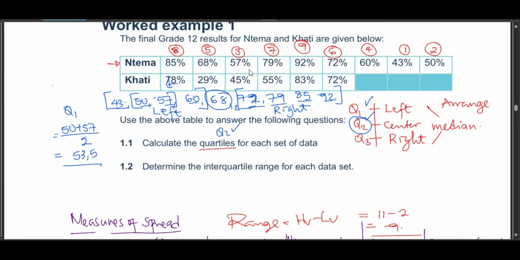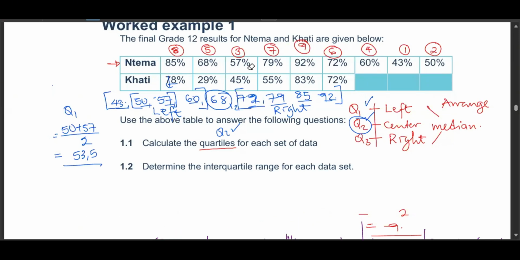What about Q3? Let's see how we get Q3. We are looking at the right-hand side.